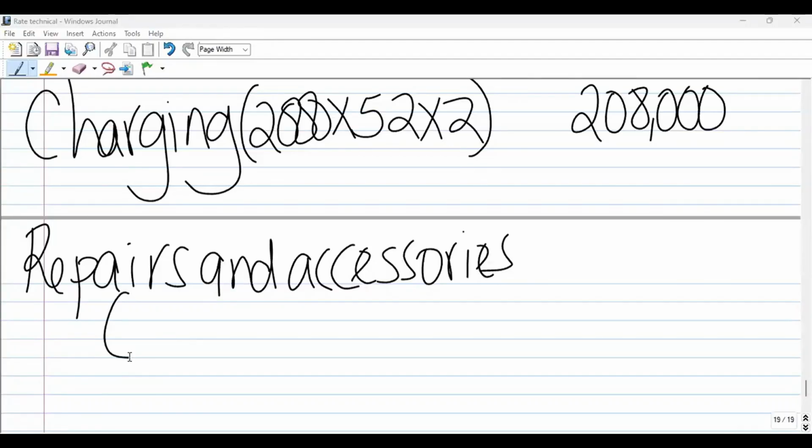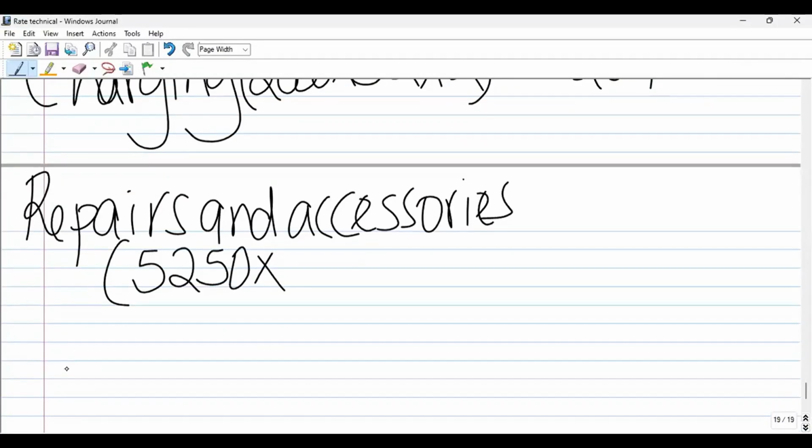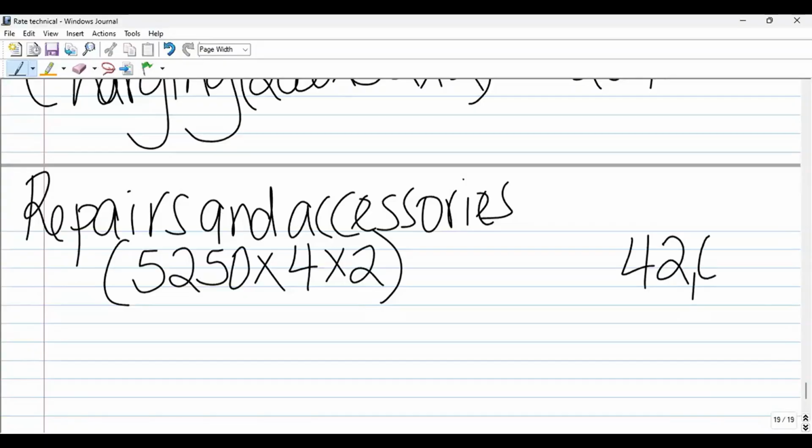So how many quarters do we have? Remember, each year has 4 quarters, so 2 years means we have 8 quarters. In other words, times 4 times 2. So what do we get there? 42,000.